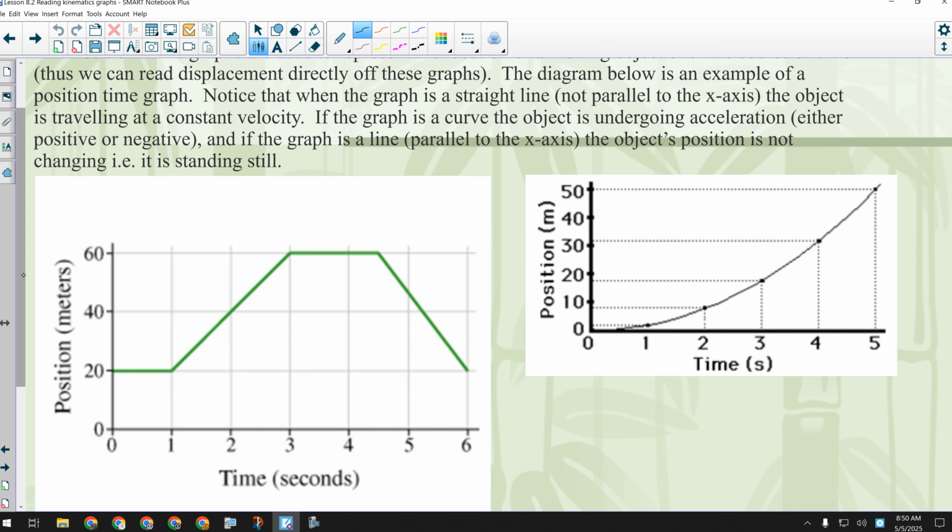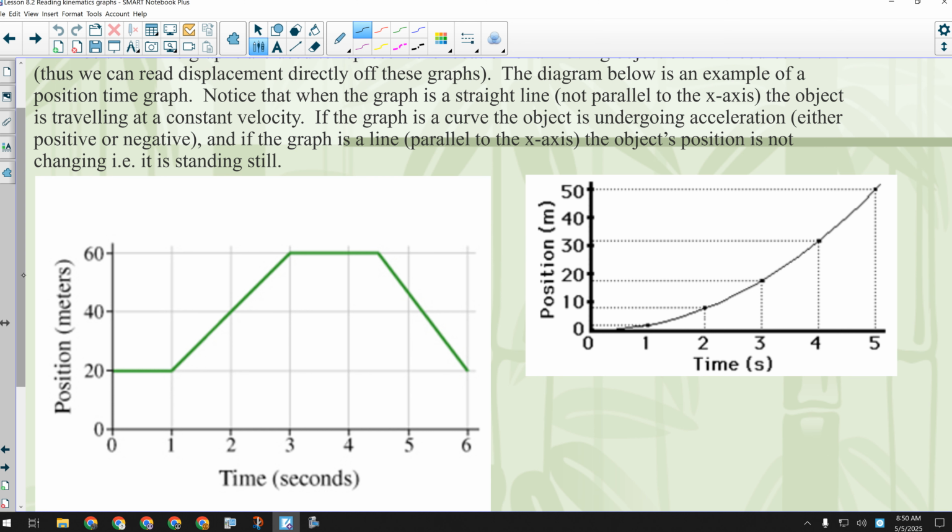On any kind of graph, a horizontal line means there's no change in whatever's on the y-axis. In this case, what's on the y-axis is position. So between 0 and 1 second, the object hasn't moved. It has remained at a position of positive 20 meters. Everyone follow the interpretation there?